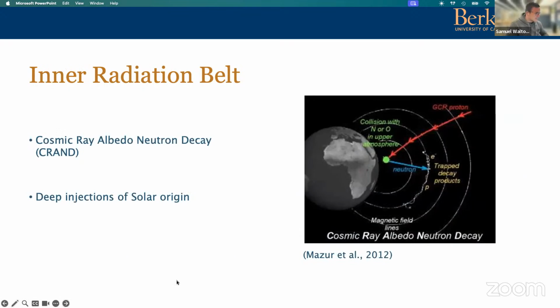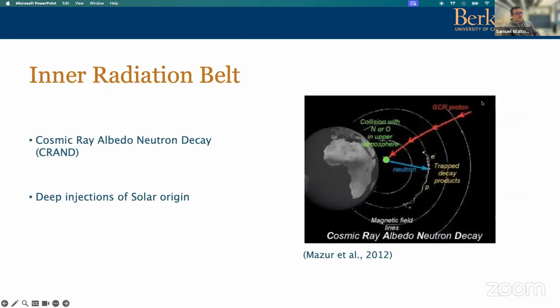The inner radiation belt that we'll be focusing on: at least until fairly recently, before I started this work, I always thought of the inner radiation belt as mainly protons and a process called CRAND, which stands for cosmic ray albedo neutron decay.